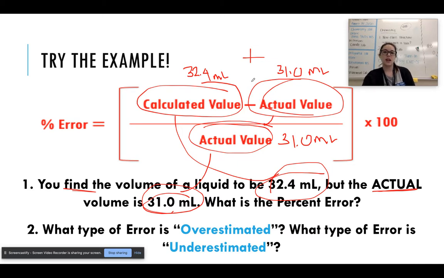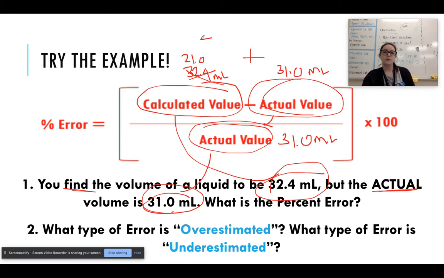This means that I had an overestimate because I overestimated my value. My calculated was 32.4, my actual was 31. So I had too much on this side in my calculated value, so I end up with a positive. However, if this was 21.0, let's say, and I subtracted from 31, I wouldn't have enough.